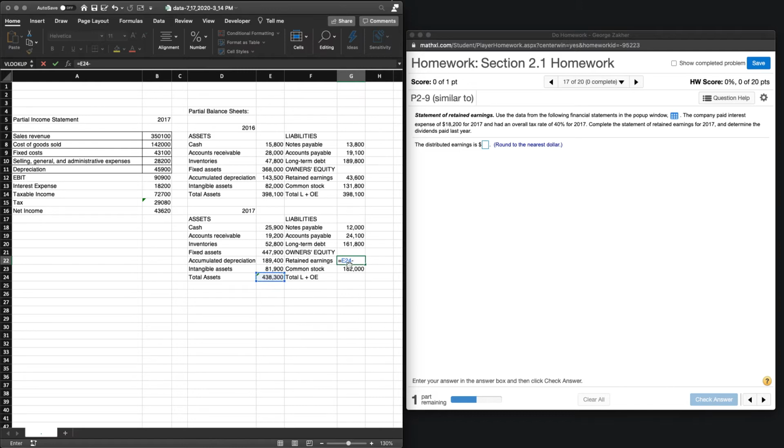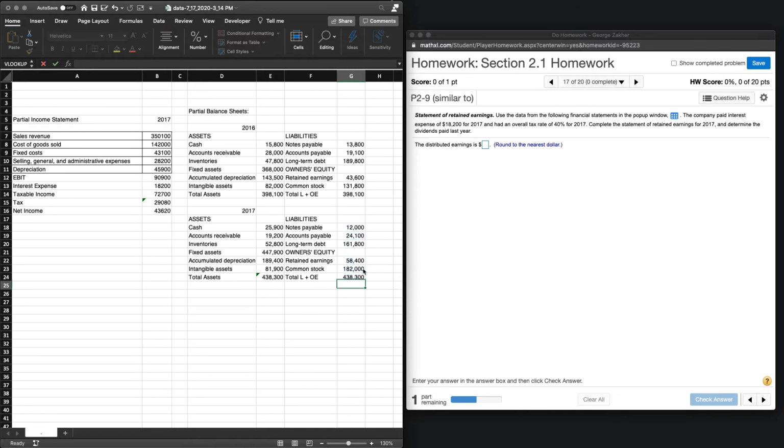What we really want for the statement of retained earnings are the retained earnings values, so this is going to help us have those. Once we complete the balance sheet, we're going to have an excellent opportunity to complete the statement of retained earnings. Okay, wonderful, so we do have it balanced.